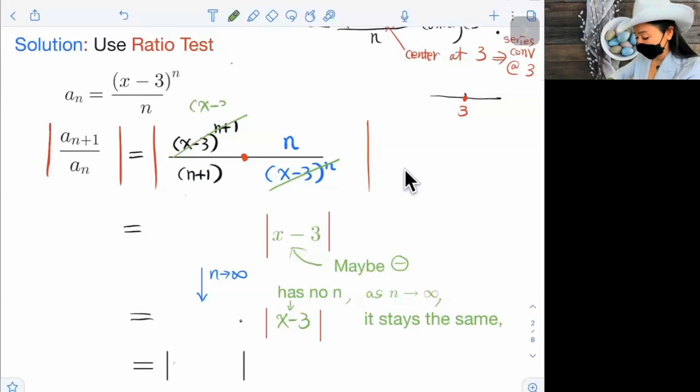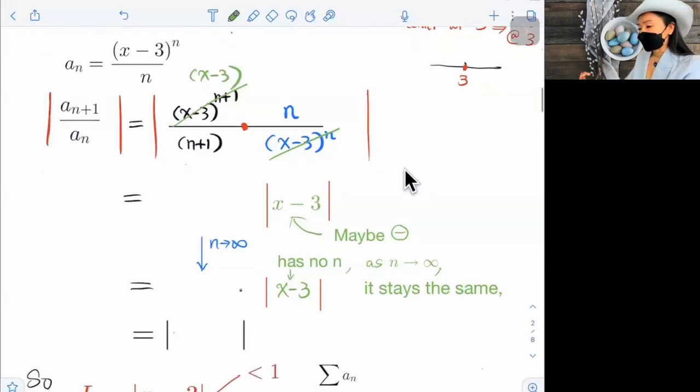These two don't cancel, but this over this we can take outside of the absolute value because it is positive.